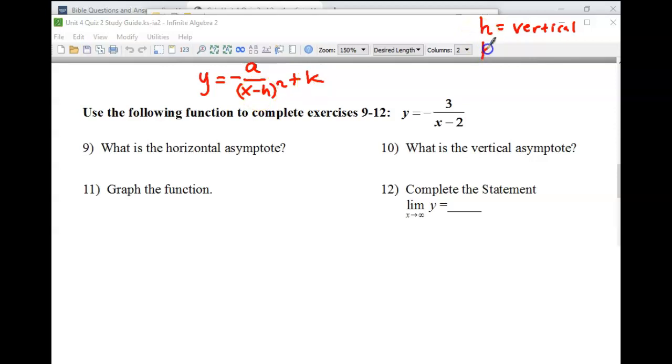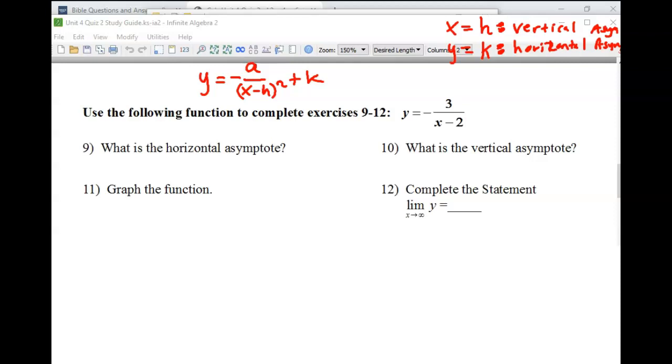And then k will be the horizontal asymptote. So x equals h is the vertical asymptote and y equals k is the horizontal asymptote. So that's one thing we talked about.